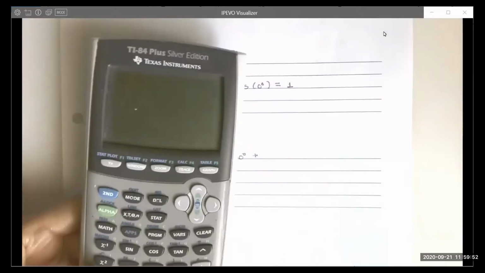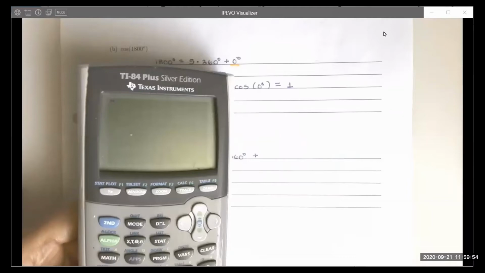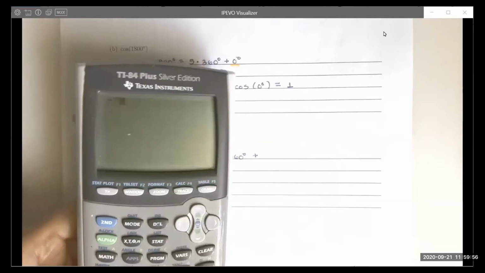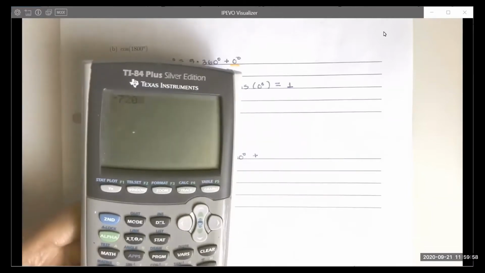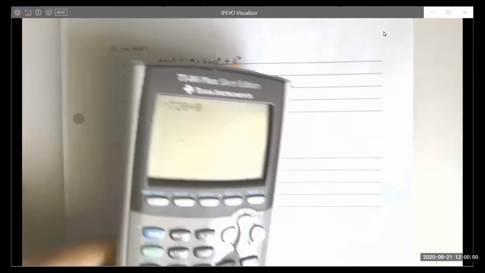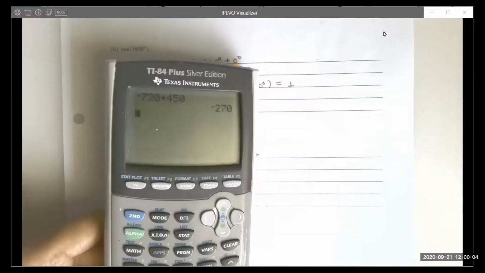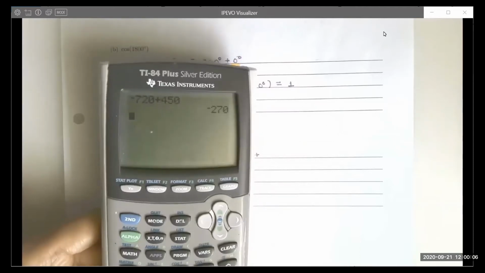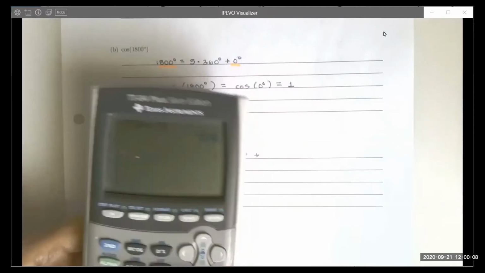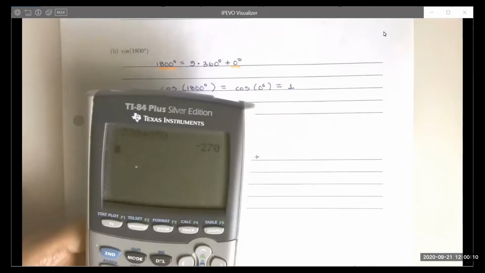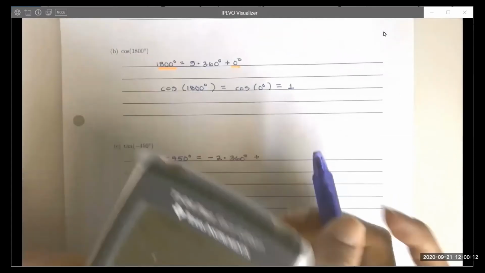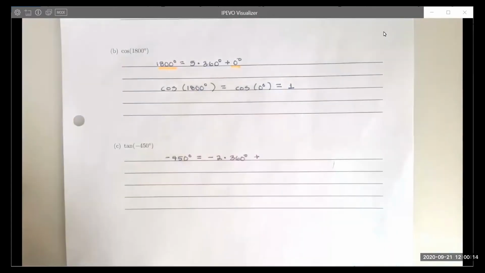To see how much we are stopped short by, we can rely on our calculator to help us. If I take negative 720 and I've only completed 450 degrees out of those negative 720, I get 270. And don't be deceived by this negative 270, it's just the way I entered it into the calculator.